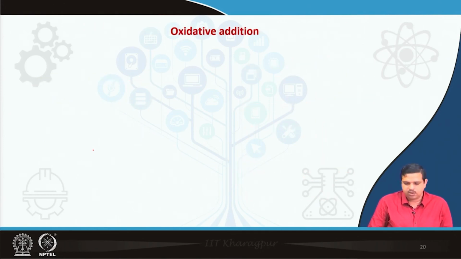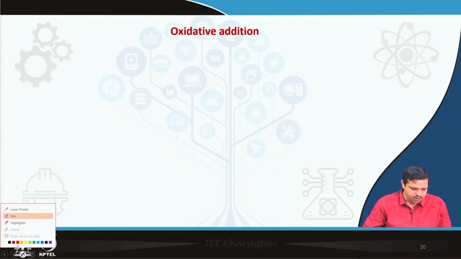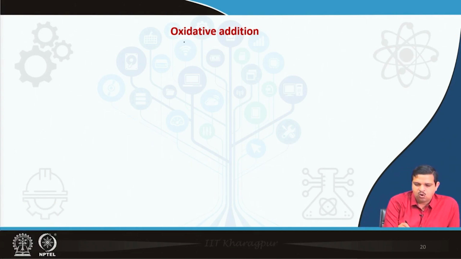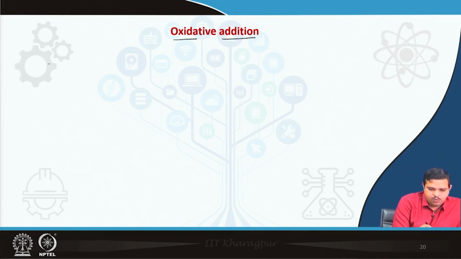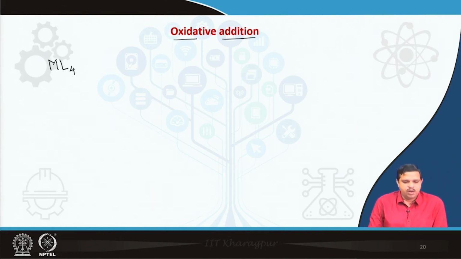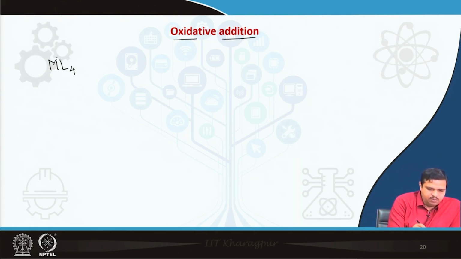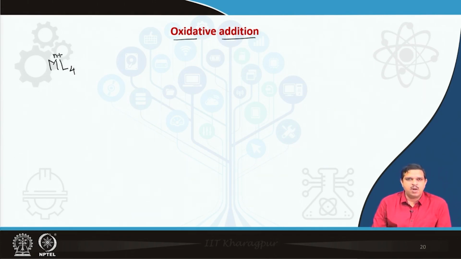First we will start with oxidative addition. As the name suggests, there will be oxidation and there will be addition. How is it possible? Suppose I am taking just an arbitrary complex where M is my transition metal, L is any ligand, and the oxidation state is N plus.